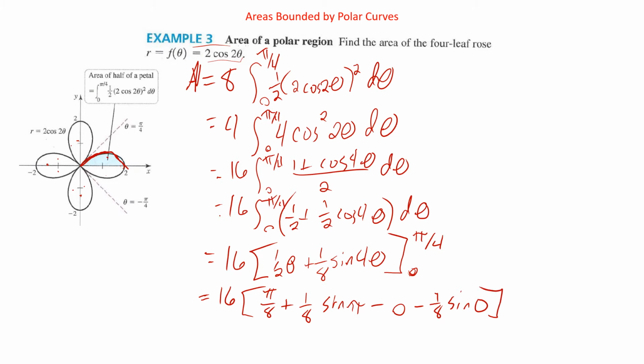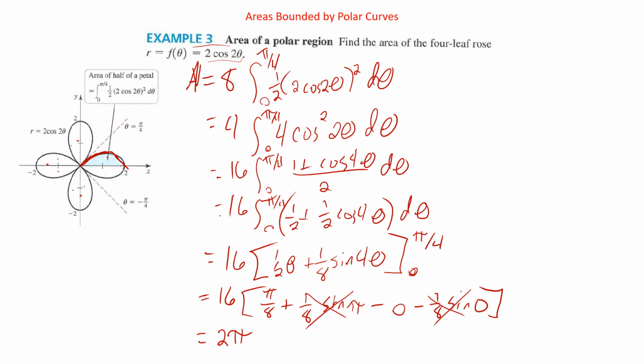Let's see, sine of pi is 0, so that goes away. Sine of 0 is 0, so that goes away. So this is just pi over 8. 16 times pi over 8 is 2 pi. So this flower has an area of 2 pi.